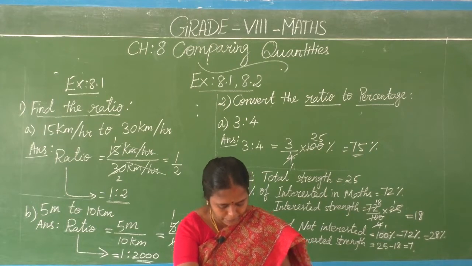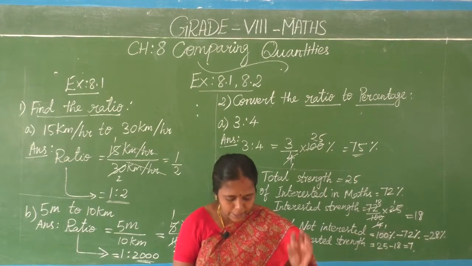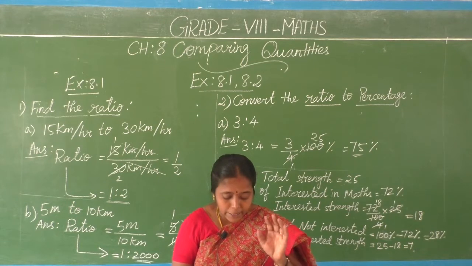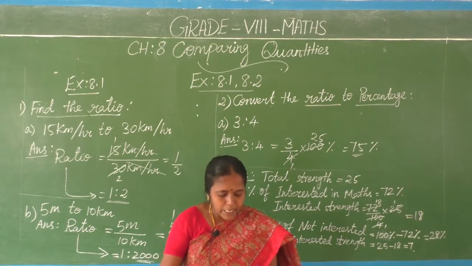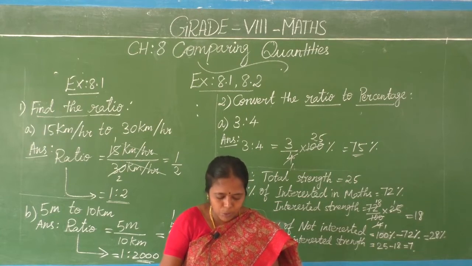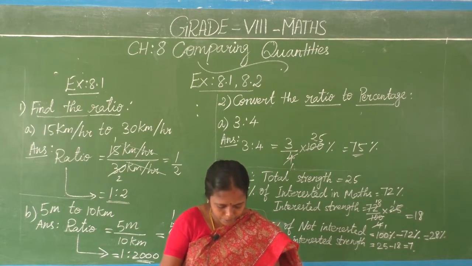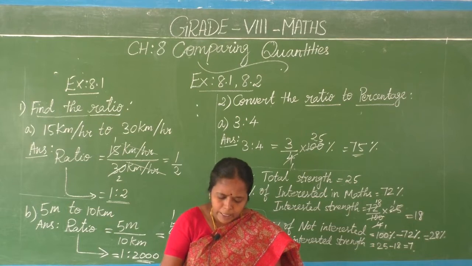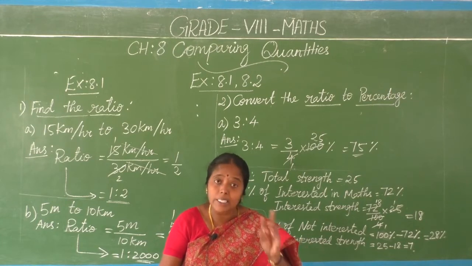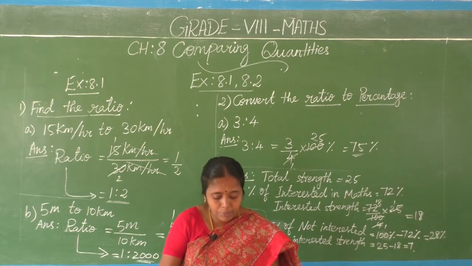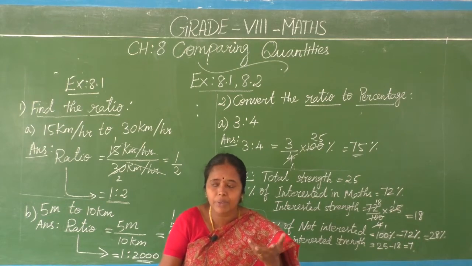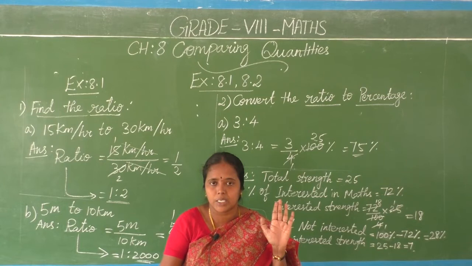Okay, fourth question. A football team won 10 matches out of the total number of matches they played. If the win percentage was 40, then how many matches did they play in all? What is given? A football team won 10 matches out of the total number of matches they played, but they didn't give the total number of matches.